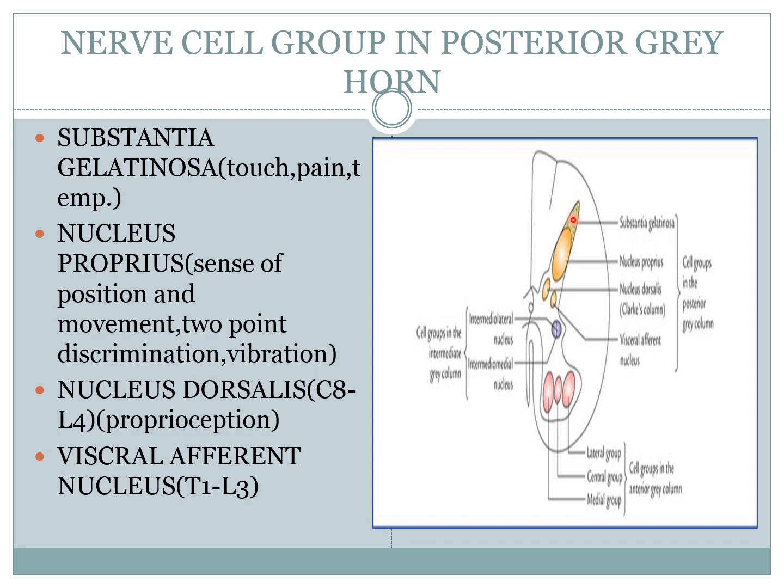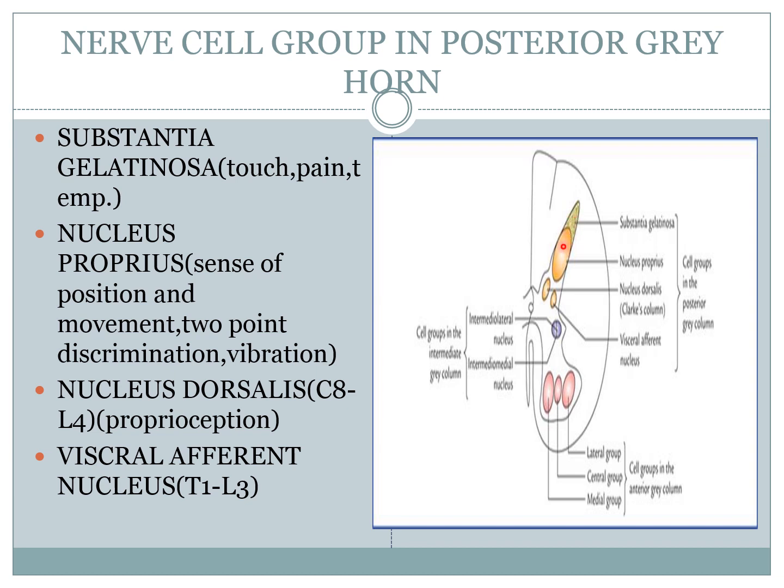Among these four groups, two are present throughout the length of the spinal cord, and two are present in limited segments. The substantia gelatinosa is present throughout the length of the spinal cord, and it carries sensations of touch, pain, and temperature.